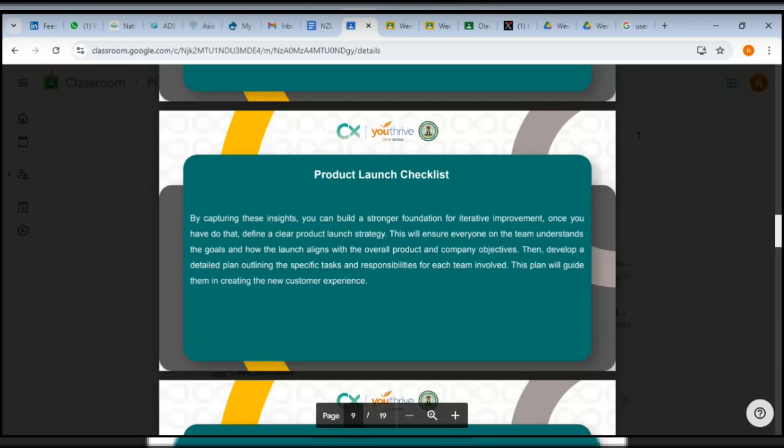You want to train them to be ready for it. So part of your launch checklist or just your launch plan is that your communication is at its peak and everybody understands what they need to do when you're ready to launch, or as you prepare to launch.